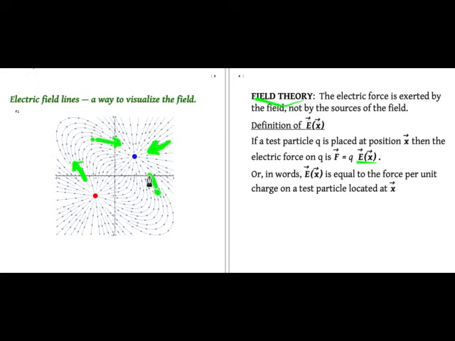Maybe it's in this direction. And the electric field is the force divided by the charge. So in other words, E of X is equal to the force per unit charge on a test charge located at X.